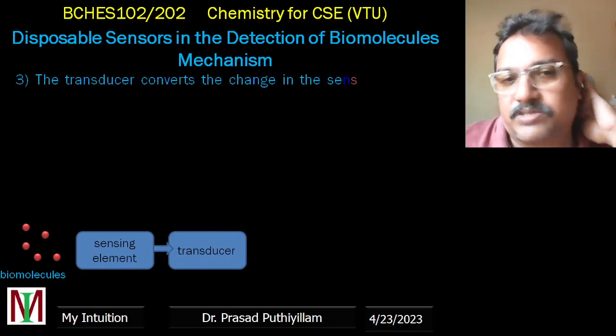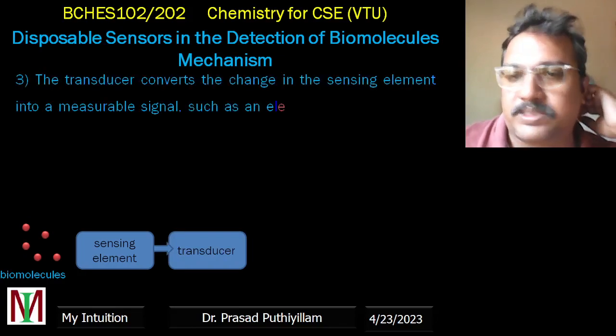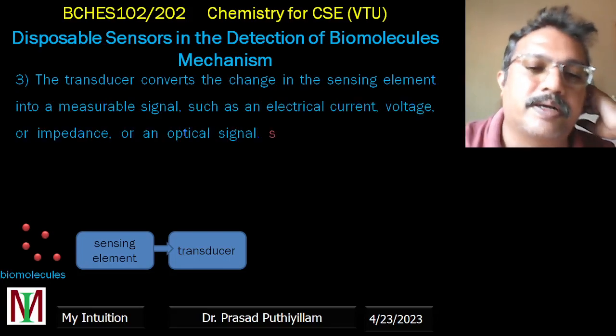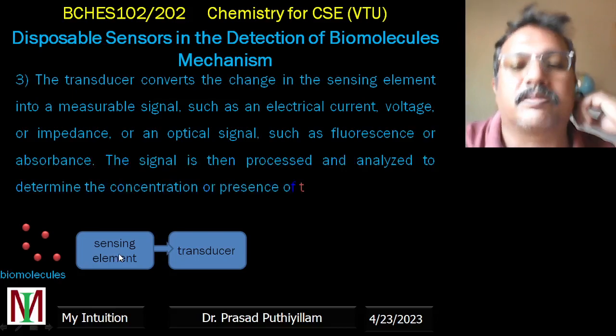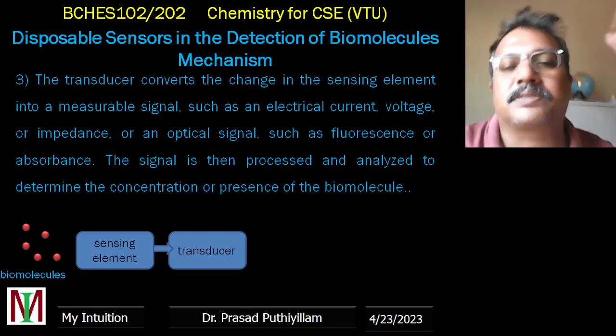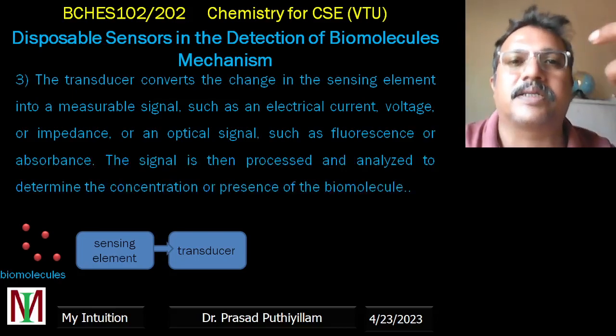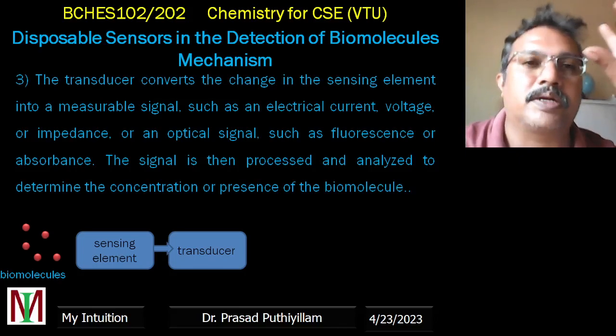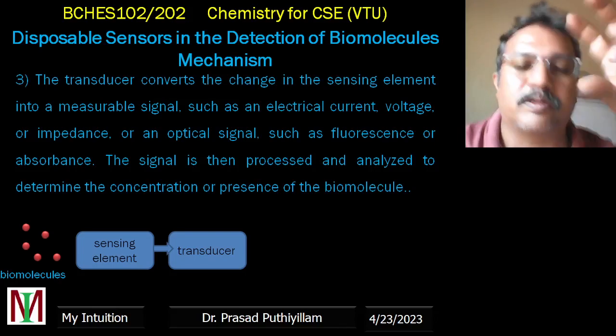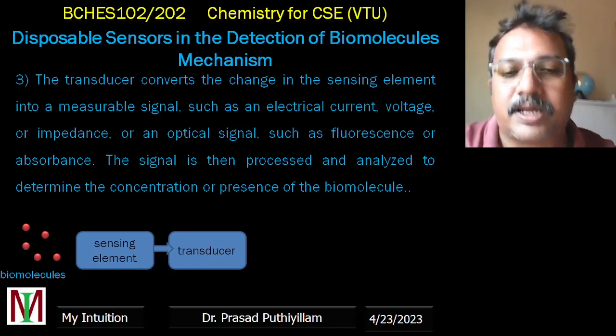Then comes the transducer. Once the biomolecule interacts with the sensing element, there will be some changes in the sensing element: its mass may increase or decrease, its temperature may vary, its optical properties may vary, or some electrochemical reaction may be possible.